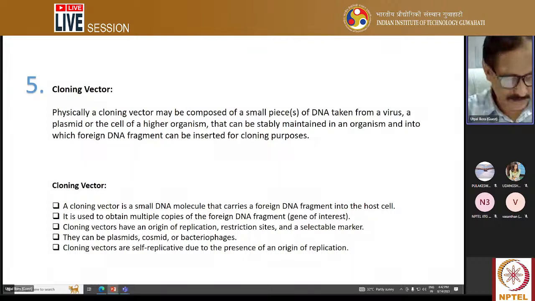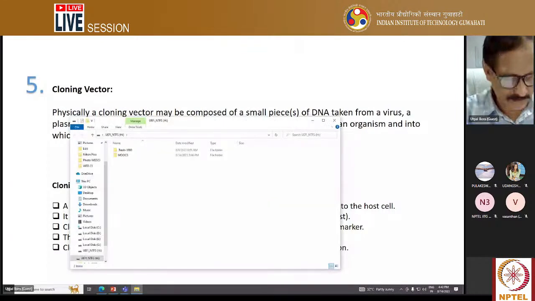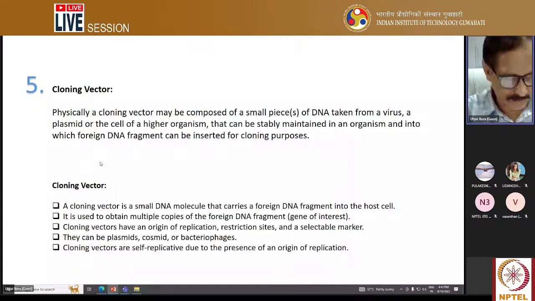Anyway, these are all basic concepts which are available in genetic engineering textbooks. But since Devangshi may not have a foundation in genetic engineering, let me tell her what is a cloning vector and what does this cloning vector contain?